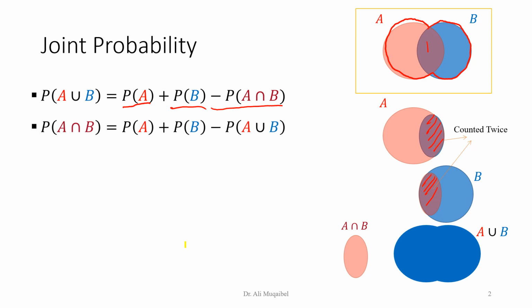We basically go from here to here. If we move this term to the left, the probability of the intersection is equal to the sum of the individual events minus the probability of the union. So this formula comes directly from here. Those two formulas are very important to correctly solve joint probability problems.